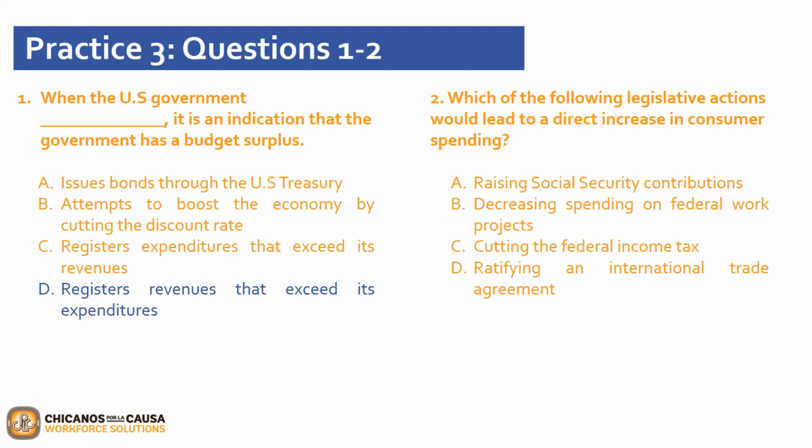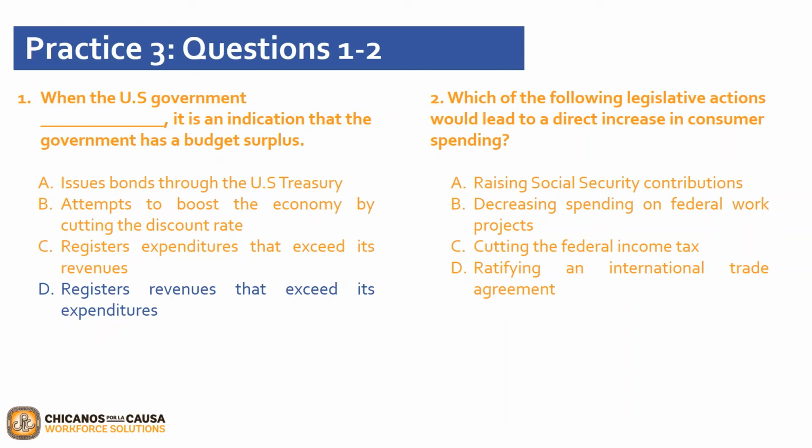So what this is asking us is what will push us as consumers to spend more money. Answer A alludes to the fact that we would as consumers have to pay more into Social Security, which would take more of our funds. Therefore, the answer can't be correct. Answer B, decreasing spending on federal work projects, also can't be correct.